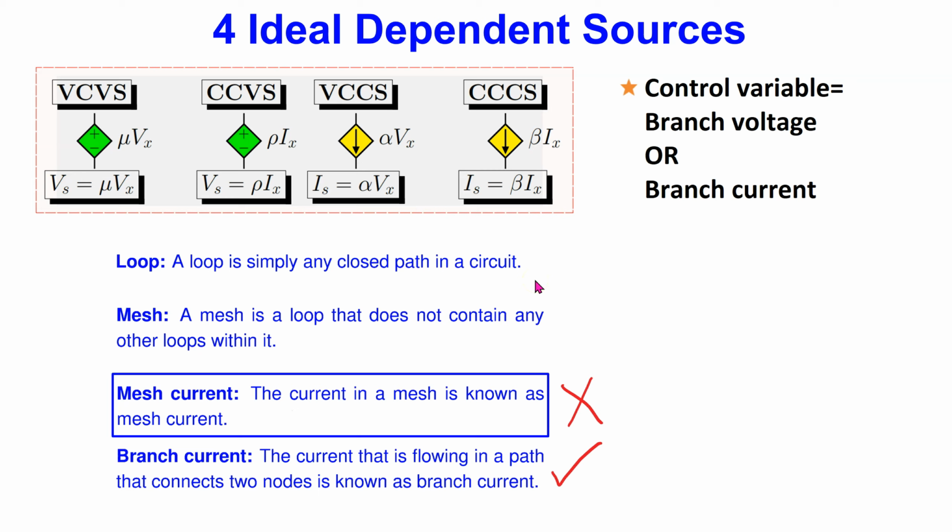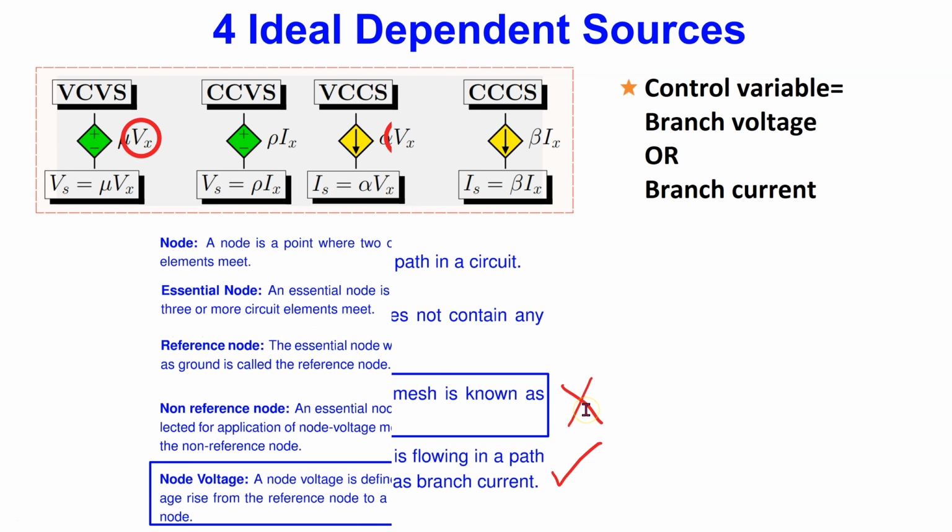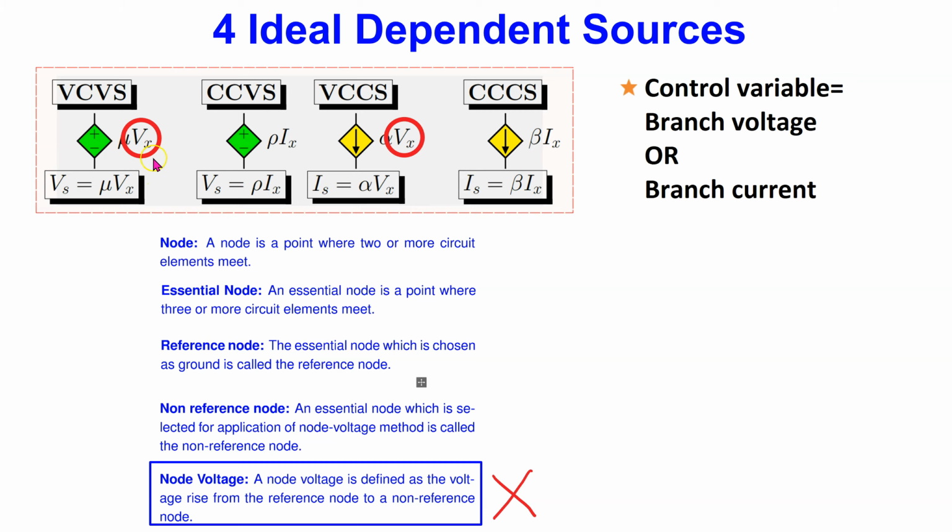The controlling variable Ix cannot be a mesh current. This is because mesh currents are a circuit theory abstraction only and do not always correspond to measurable physical branch currents. Similarly, the controlling variable Vx cannot be a node voltage.